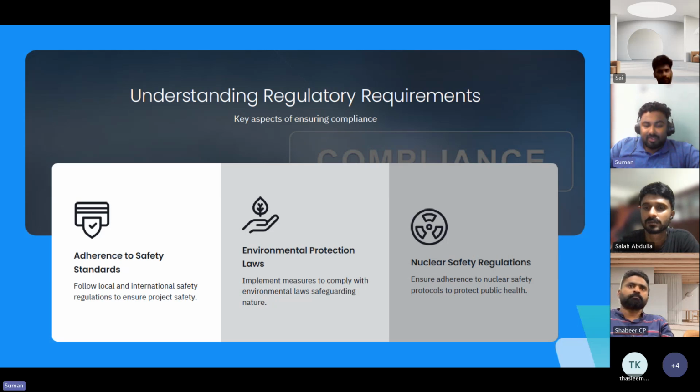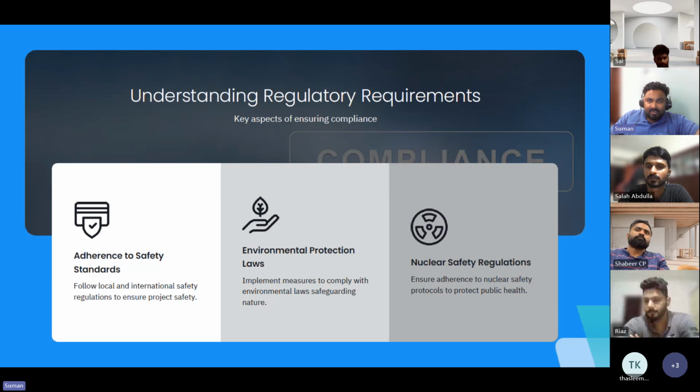But from a construction project point of view, HSC management is another aspect of health and safety. Environmental protection is another requirement: measures to comply with environmental law and safeguard nature.